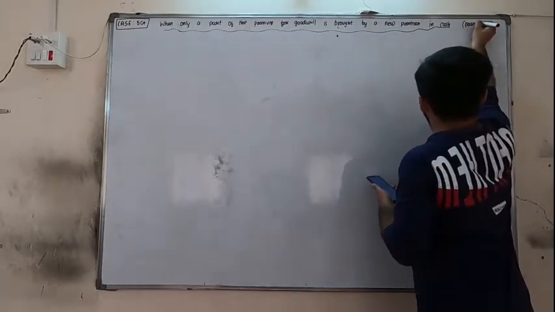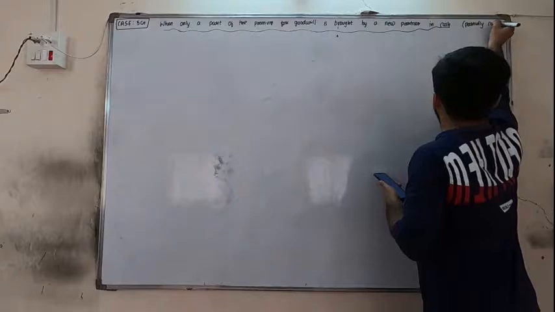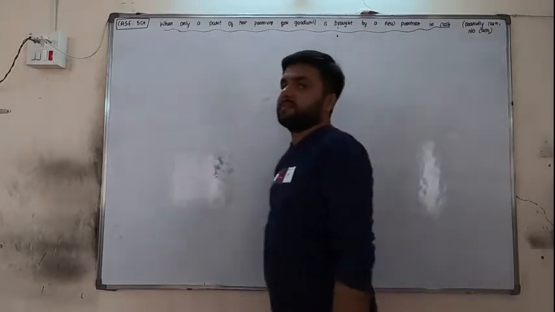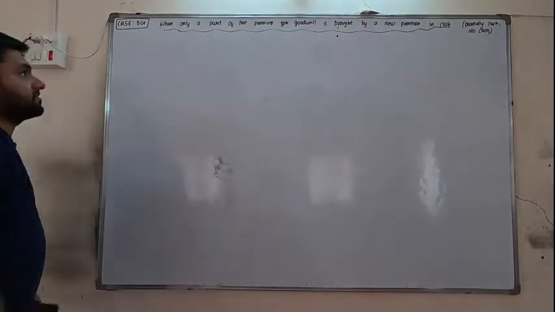In bracket you write partially cash, no cash. Means some part is for cash, some part is for no cash.